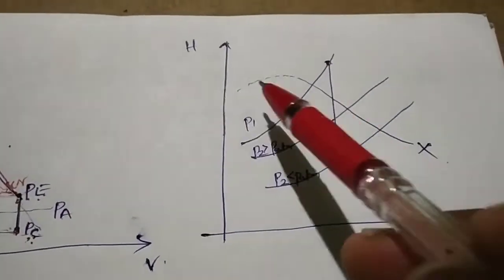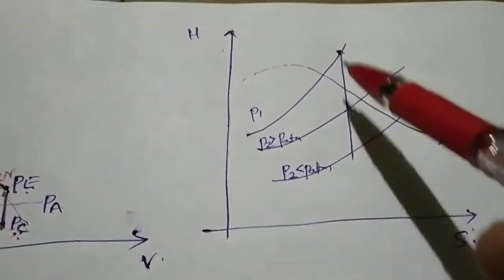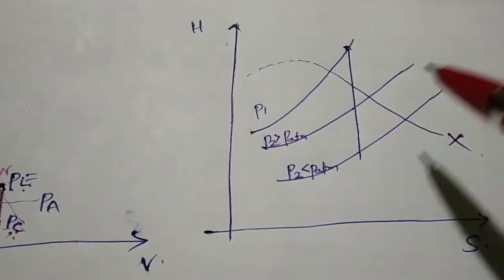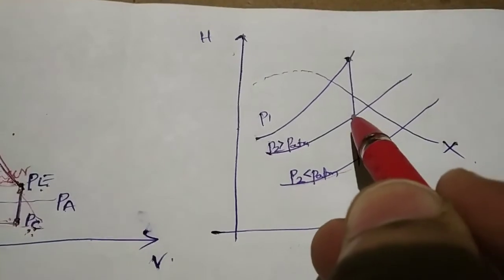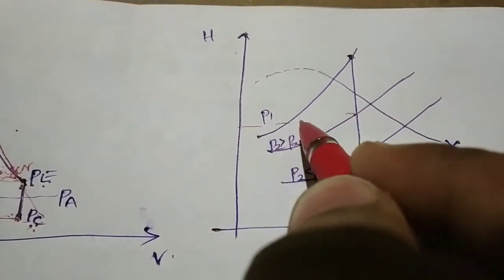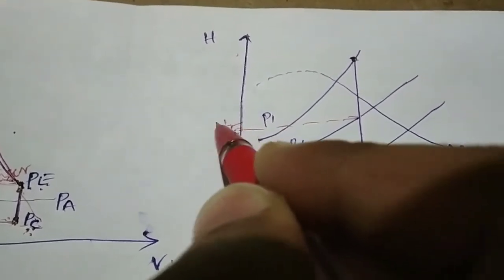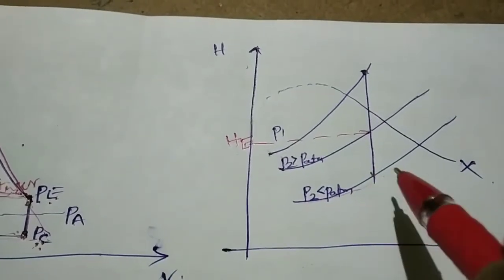See here what will happen. Here I am taking the HS diagram. P1 is the initial pressure, P2 is the pressure after expansion without the condenser, and this is the pressure by using the condenser. This is pressure, this is enthalpy. This is enthalpy HE, that is exhaust. Now when using the condenser, what will happen?